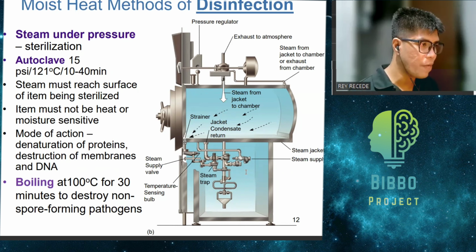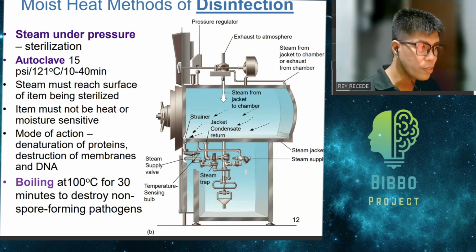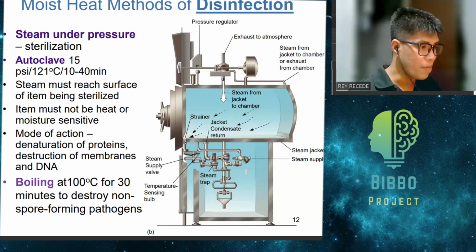Steam must reach the surface of the item being sterilized, and the item must not be heat or moisture sensitive. Mode of action leads to denaturation of proteins, destruction of membranes and DNA. And of course, if the genetic material is already destroyed, the bacteria cannot do any more reproductive function, because it has already been destroyed. And boiling at 100 degrees Celsius for 30 minutes to destroy non-spore forming pathogens.